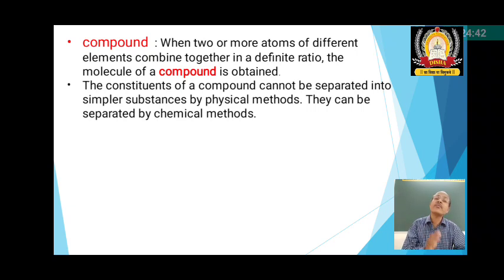That method we call a chemical method, not a physical method. So that is another difference you can notice between mixtures and compounds. Mixtures can be separated by physical methods, but the constituent particles of a compound cannot be separated by physical methods. So that is another important note.